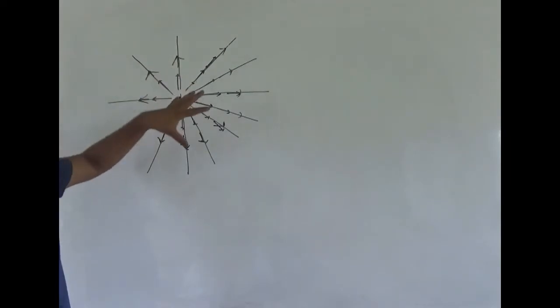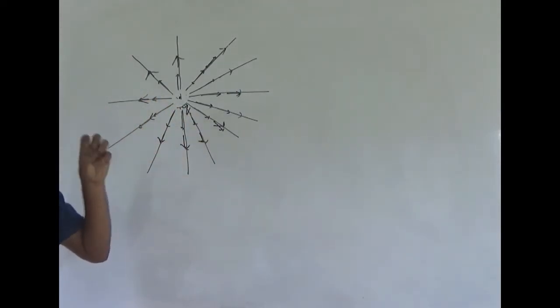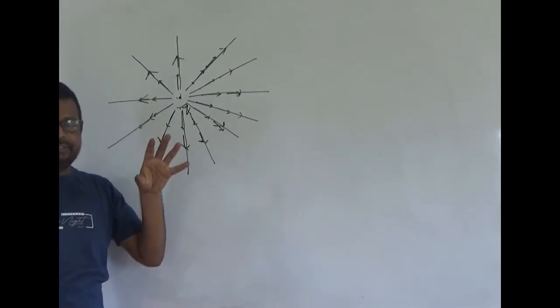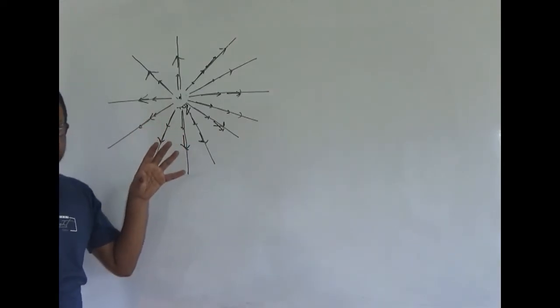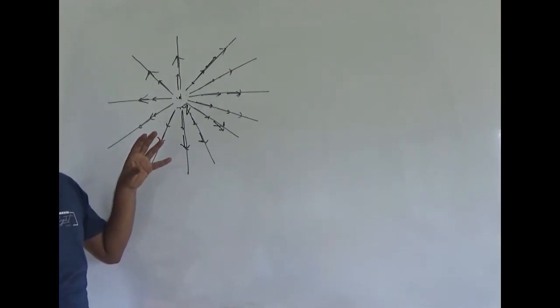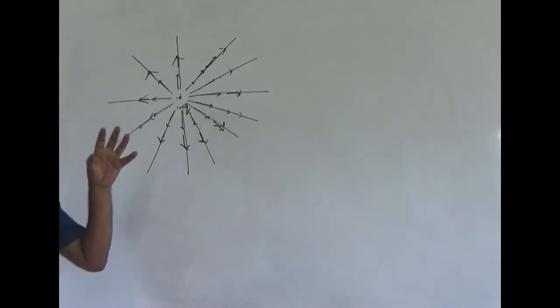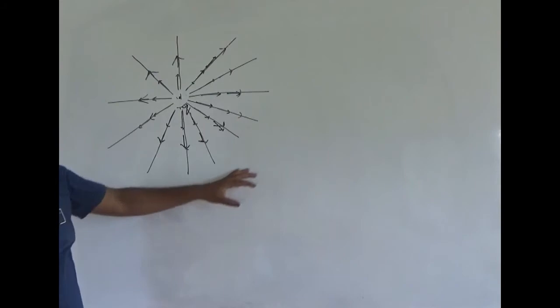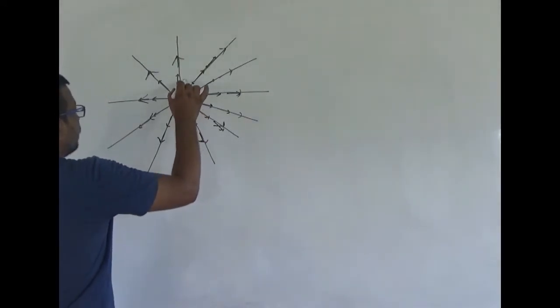That means we can say the region where electric field lines are closely spaced or dense, that means on that region electric field intensity is high. And if the electric field lines are separated or spreading out, that means electric field intensity decreases.